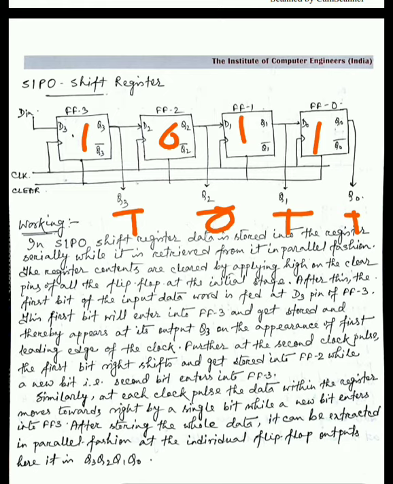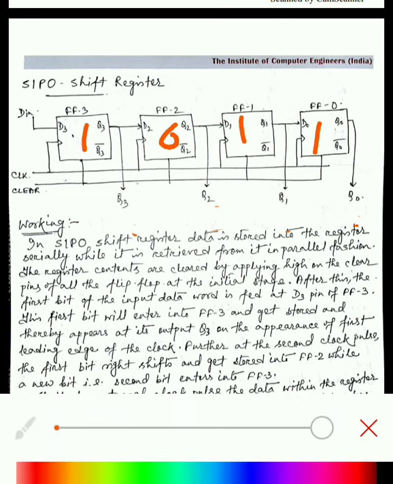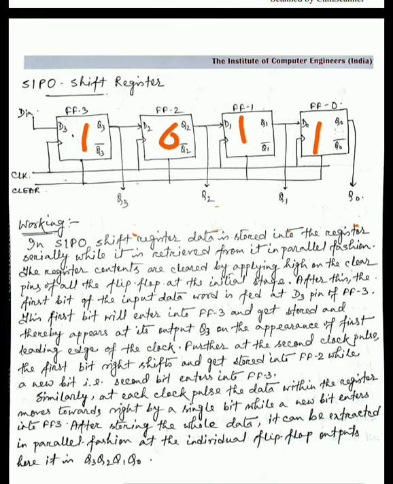So in this flip-flop we don't need anything extra. In the 4th clock pulse all the data are stored in every flip-flop, and we get the value from each flip-flop through an individual output line: 1 from Q3, 0 from Q2, 1 from Q1, 1 from Q0. Whenever data is stored here, we get the output.